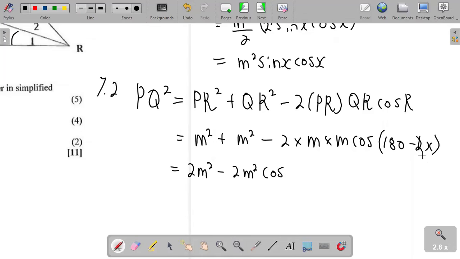Which quadrant is this? It's the second quadrant, so cos is going to be negative. So it's going to be negative cos 2x. So it's going to be equal to 2M squared plus 2M squared cos 2x.